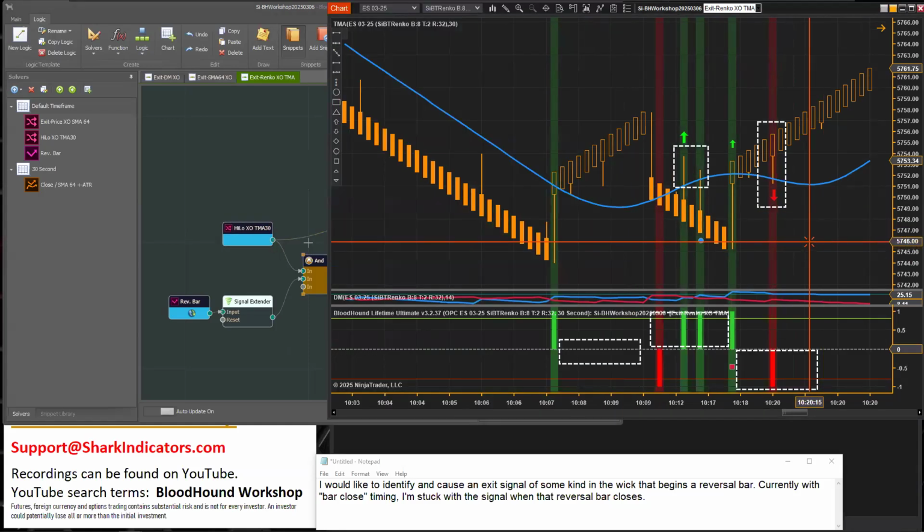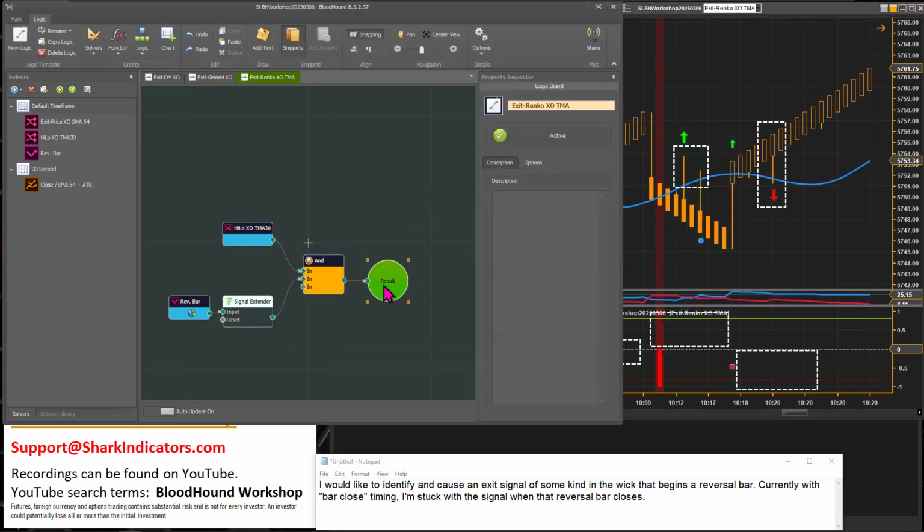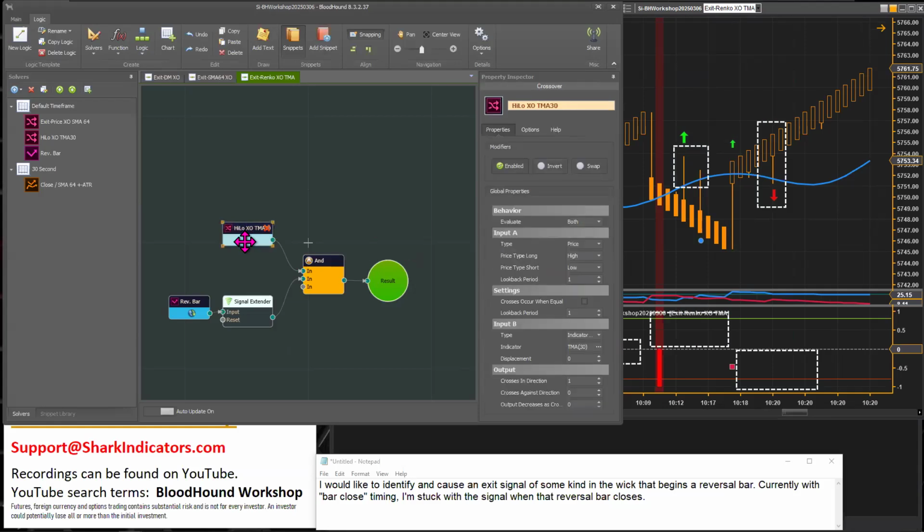Again, the signal blocker doesn't work because the reversal bar, which is activating the blocking of the first couple of bars here, that activating signal is always in the opposite direction of the next sequential exit signals. So, yeah, all right, we're back to the original idea here.